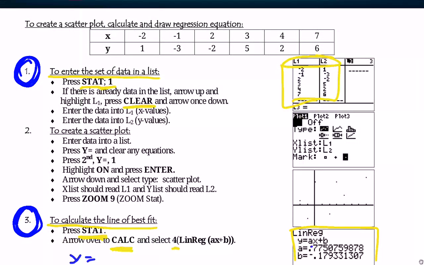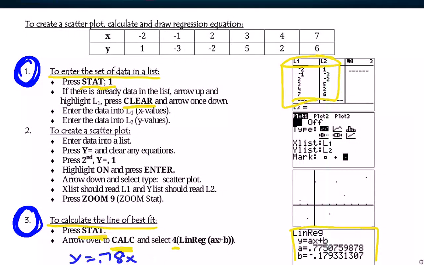So instead of writing a, I write down 0.755, but I'm going to round that to 0.78, x, plus, it tells me my equation for b is negative. I could have done a minus.